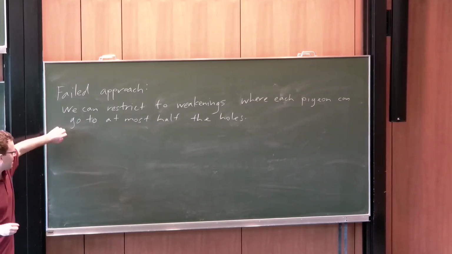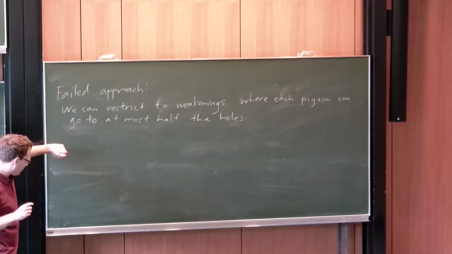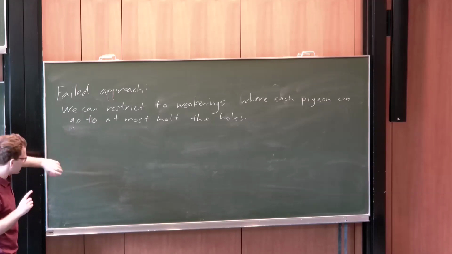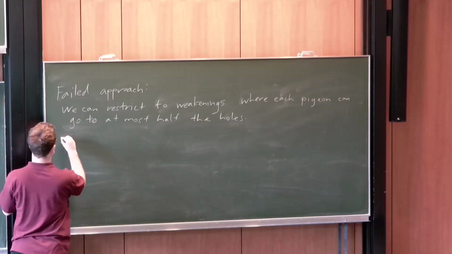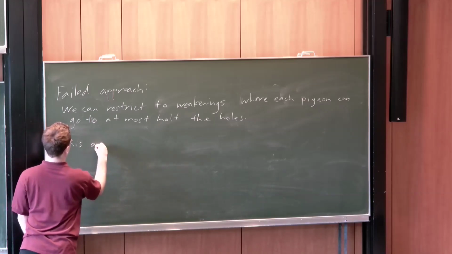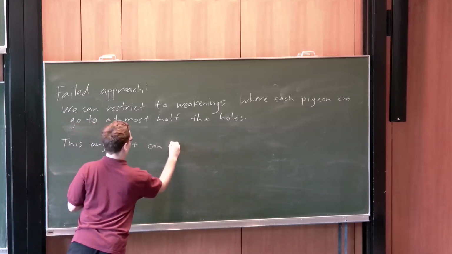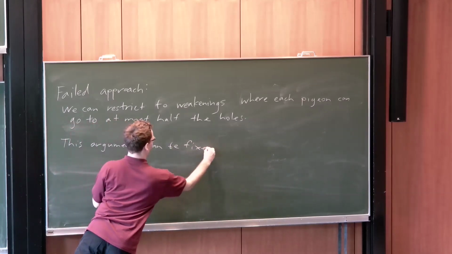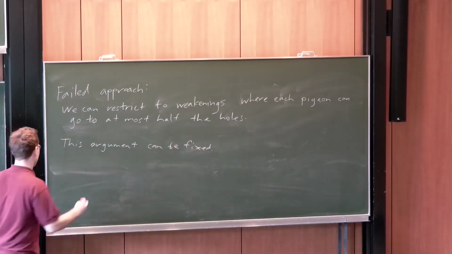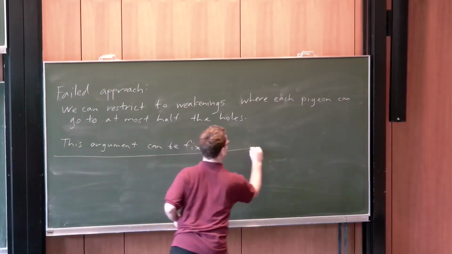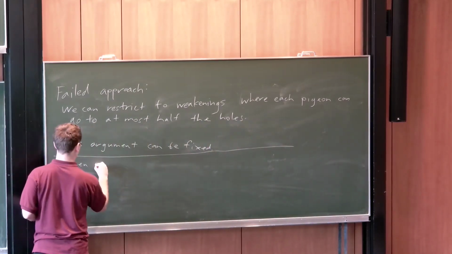It turns out that this argument doesn't give the lower bound directly, but it can be patched. But unfortunately, I'm out of time, so I think I'll just say some open problems.